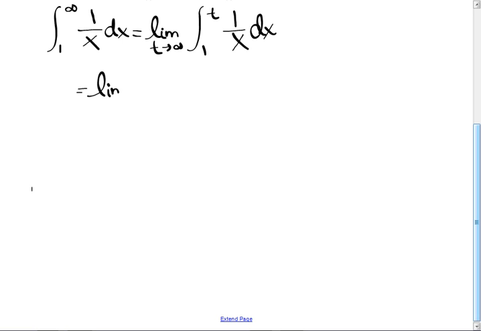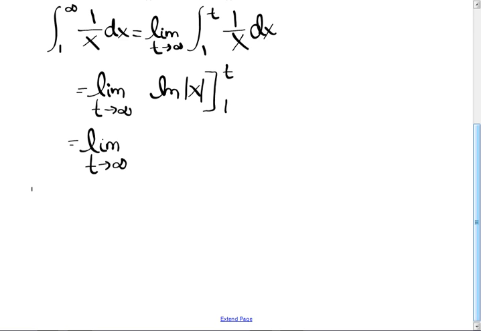Well, I have the limit as t goes to infinity, and you're going to integrate 1 over x. Do you remember that one? The natural log of x. Now, remember, it's the absolute value. Do I really need the absolute value? My values are positive. Do I need absolute values? No, not really. But I'll put it in there.